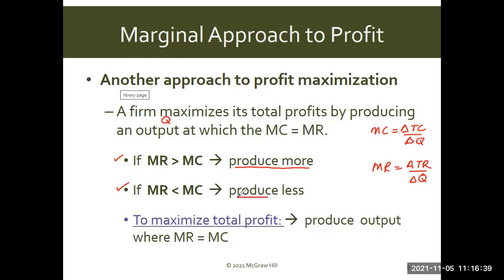We'd produce less than that if we're looking to maximize profits. And that's the name of the game here. So to maximize total profit, we produce where marginal revenue equals marginal cost. And this is a major, super important golden rule that we will use time and time again in this and all the rest of our chapters.